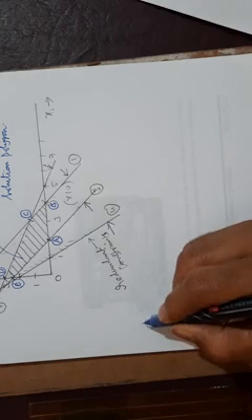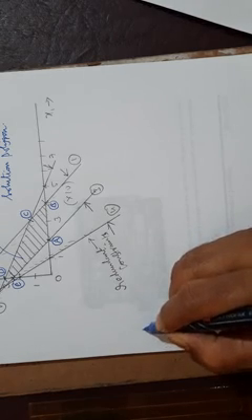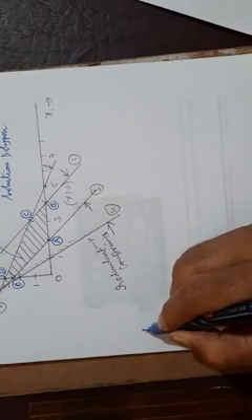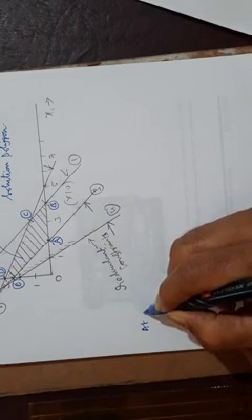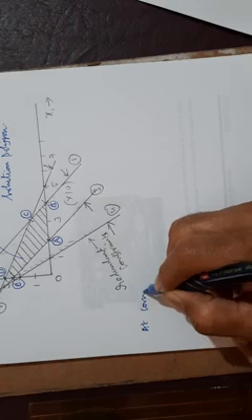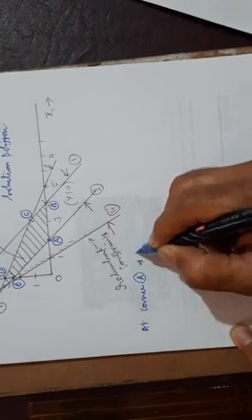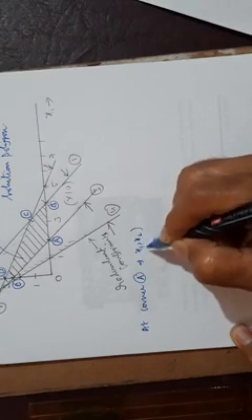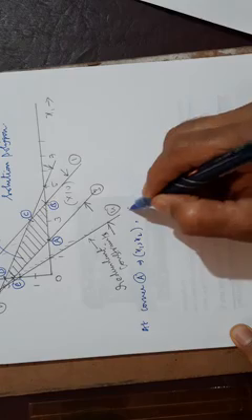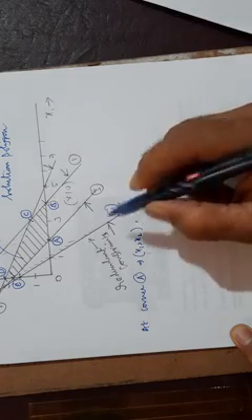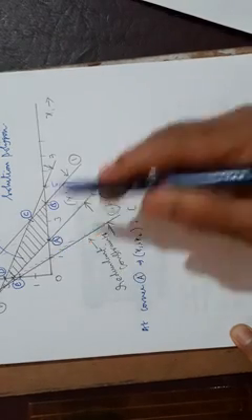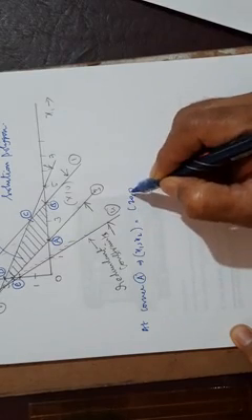So we'll take up now corner A. x1 comma x2, if I locate, x1 is 20 and x2 is 0.